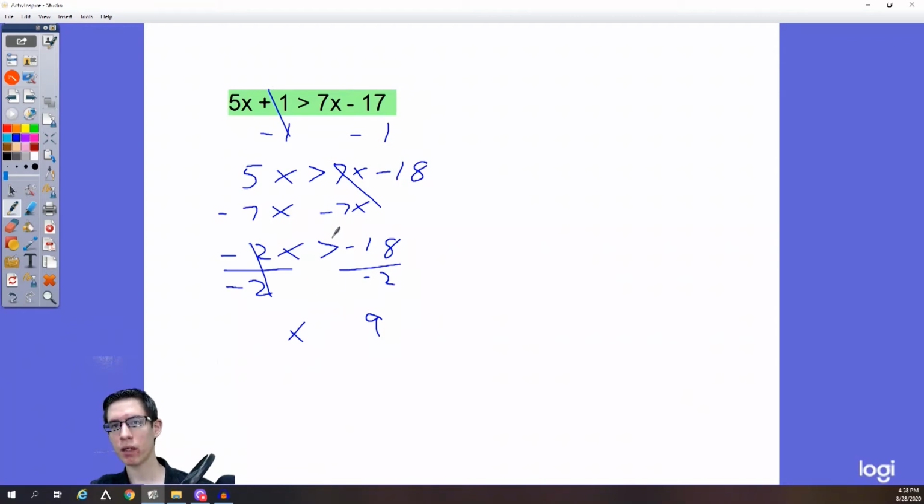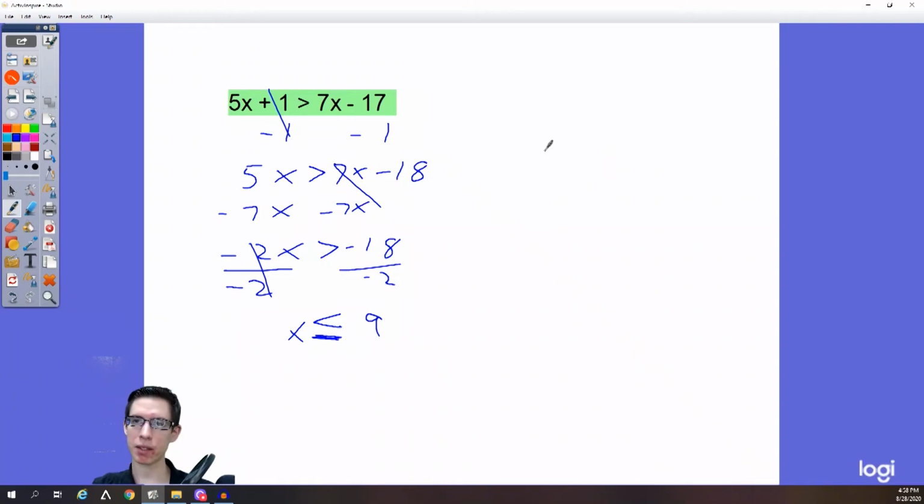So if I was at greater than, it's now going to become a less than, and since I had no equals, I'm now going to have an equals. This is unique to situations where I have negative coefficients that are being divided on both sides. I change the direction, and I change equality. So x is now less than or equal to positive 9.